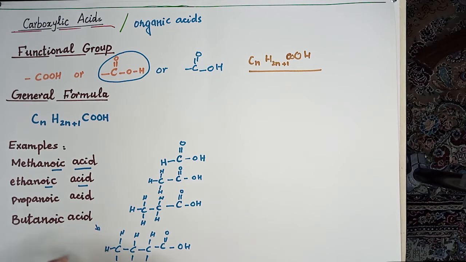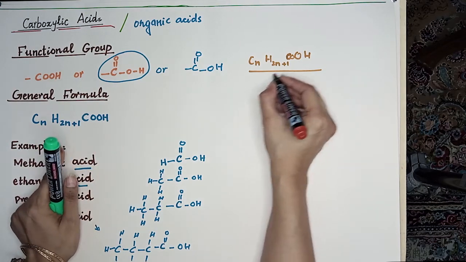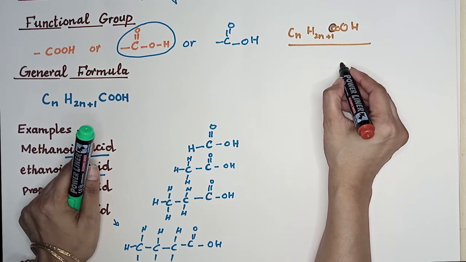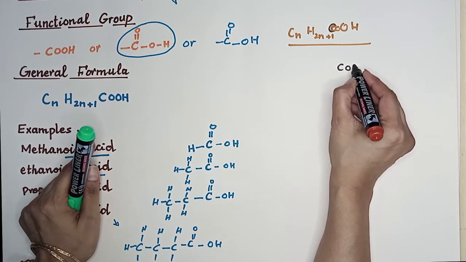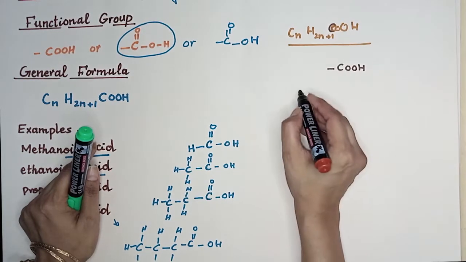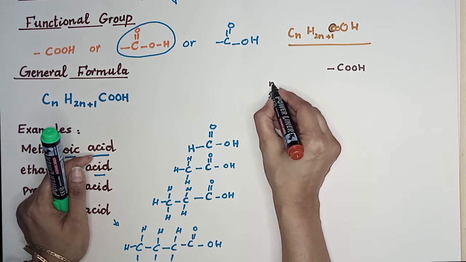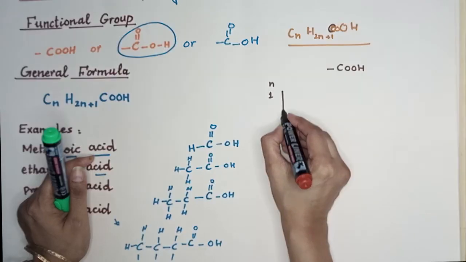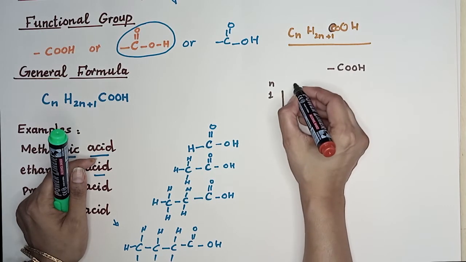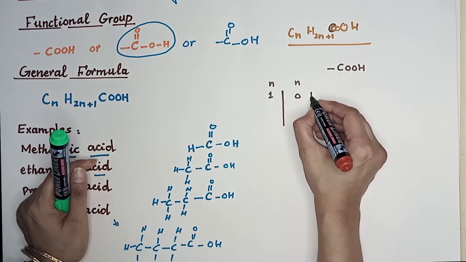Now, the question is, what is the way? Already we have 1 carbon atom in this. If the number of carbon atoms is 1, I am going to write that n is the number of carbon atoms. For one carbon atom, we will take the value of n as 0 in the formula.